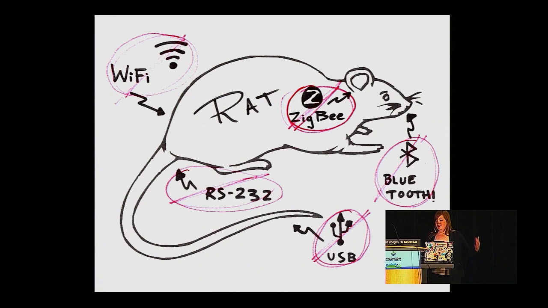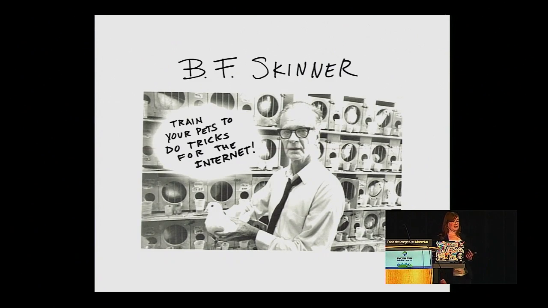They have no standard interfaces except for one, and that standard interface was thought up by a Harvard psychologist, B.F. Skinner. B.F. Skinner's whole bag was that he's a psychologist who wants to train animals to do tasks so he can see how they perform those tasks and how they change when you change their environment.